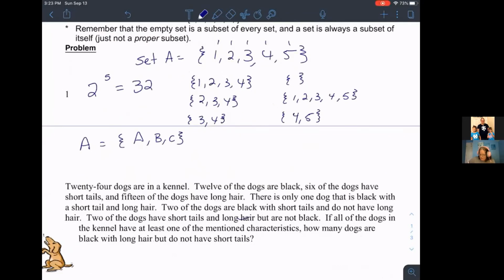One subset would be A, B, and C. One would be A and B. One would be A and C. The next one would be B and C. Then just A, or just B, or just C. And then the last one would be nothing, like none of them are part of it.